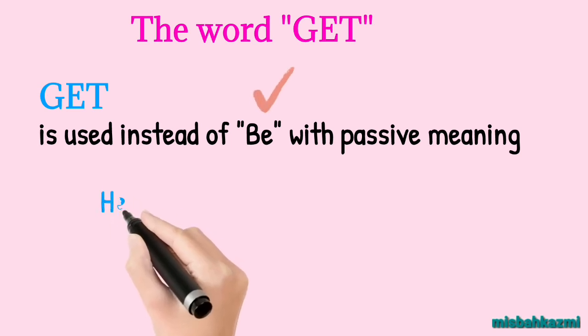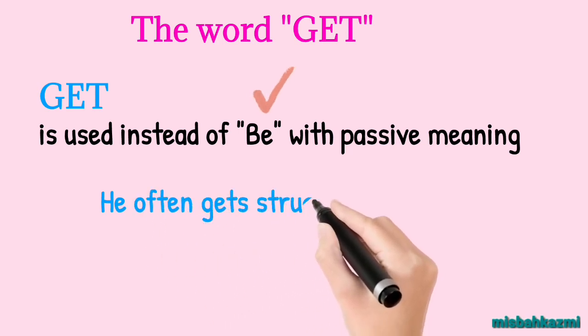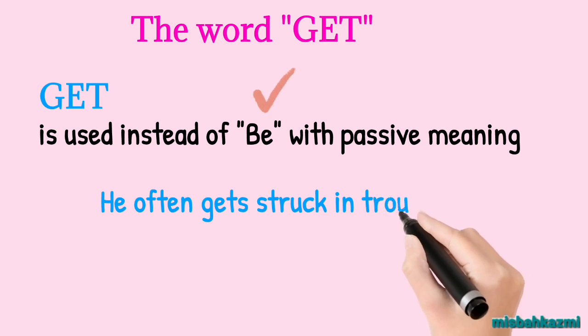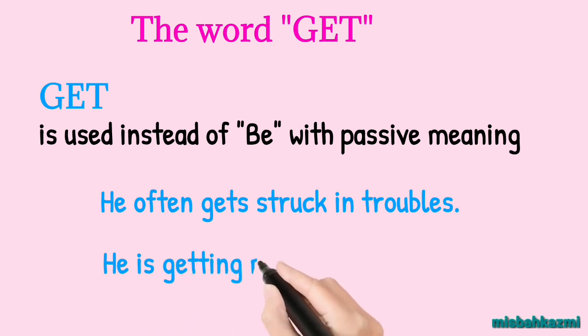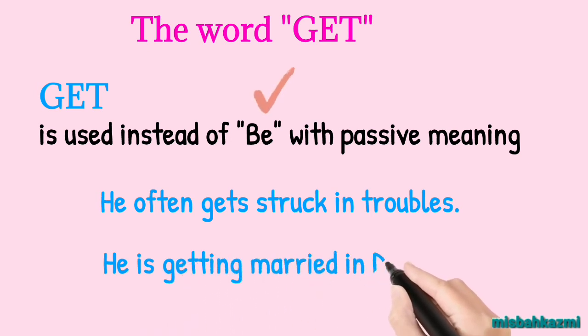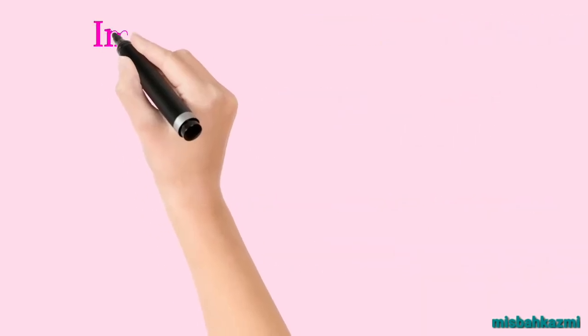What is this be? Be is the helping verb. It is used in place of the helping verb. He often gets stuck in trouble. Okay, this is the first example. He is getting married in December. So you can check that it is used in informal English in passive sense in place of the be verb, the helping verb.